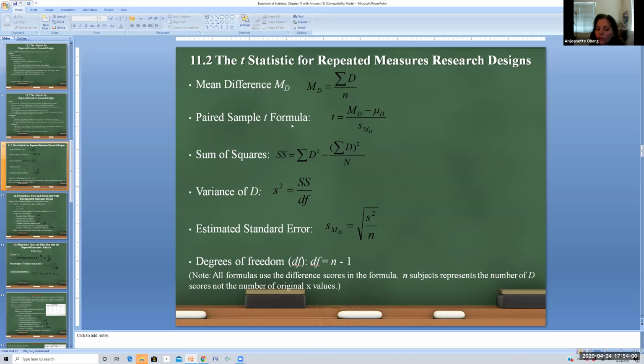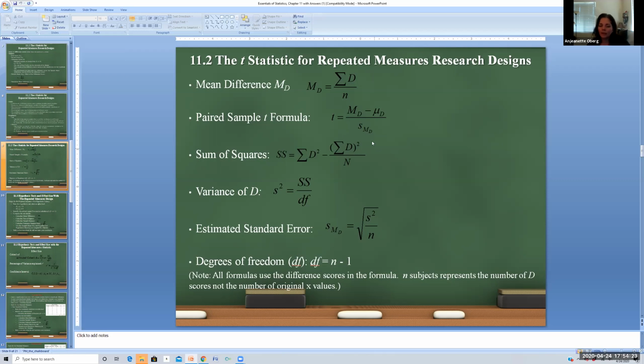And I have a new formula for sum of squares because my sum of squares is looking at the sum of my squared deviations for my difference scores, not each of the participant scores. I now essentially am creating a sample of difference scores that I'm looking at. And I'm calculating a mean, a standard deviation, and a variance for those difference scores.